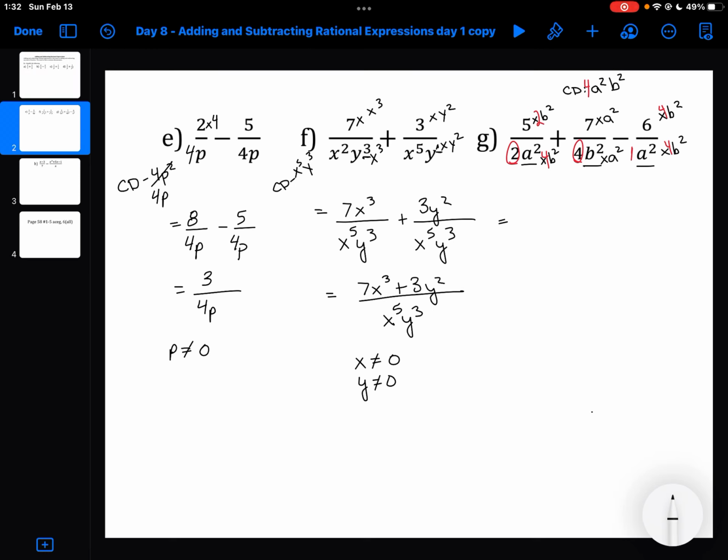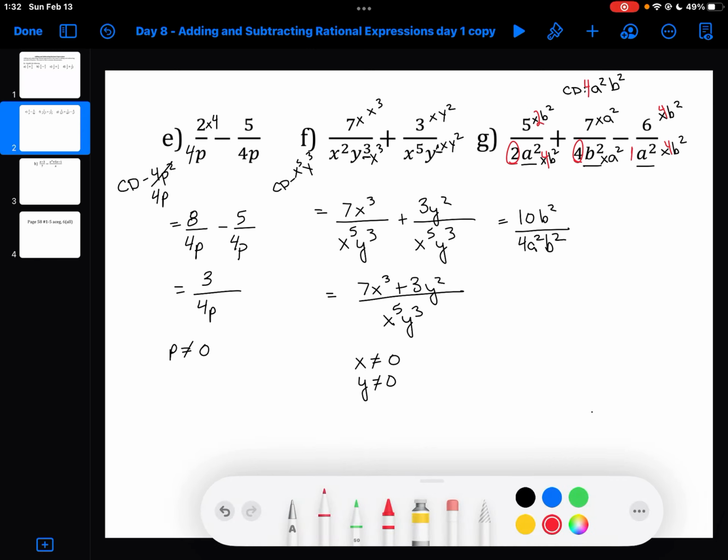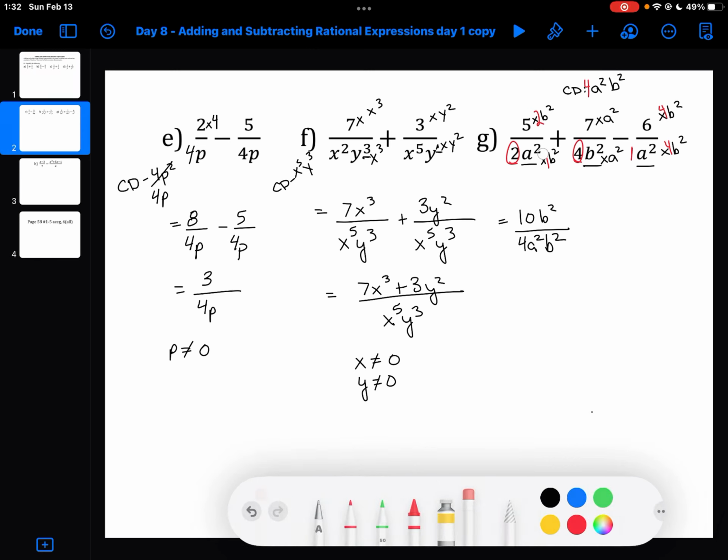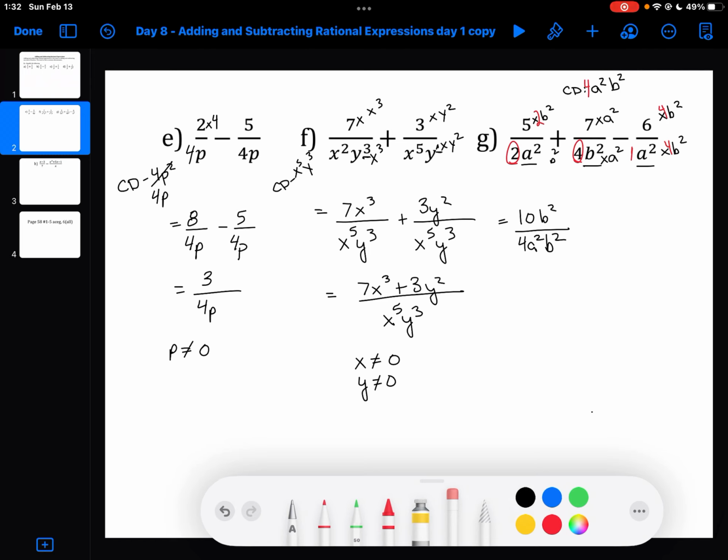So my new first equivalent fraction would be 10b squared over 4a squared b squared. And I should just have up here, this should be a 2.